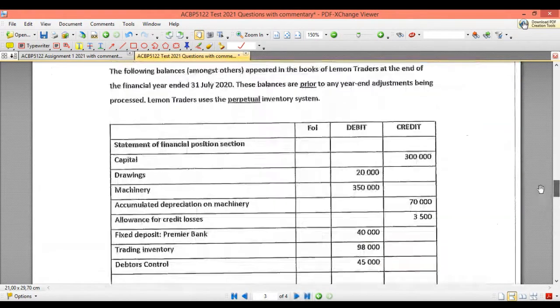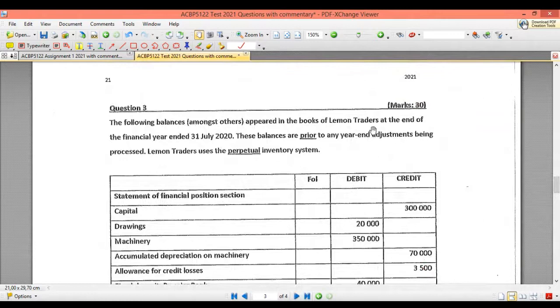Okay. Now, what was important to see here is they told you it's at the end of the year, so our year end is 31st of July. Okay, these balances are prior to any year-end adjustments. So that means they have not taken into account any accruals, prepaid expenses, any stock tags.